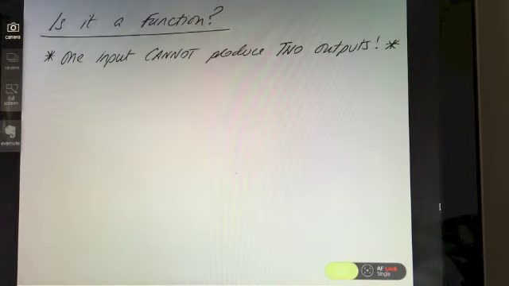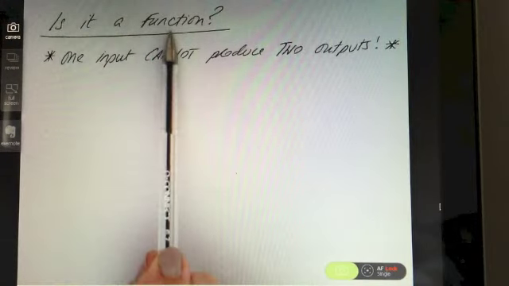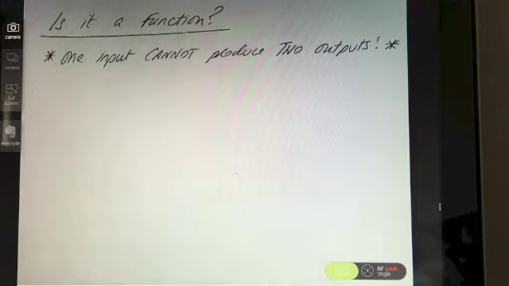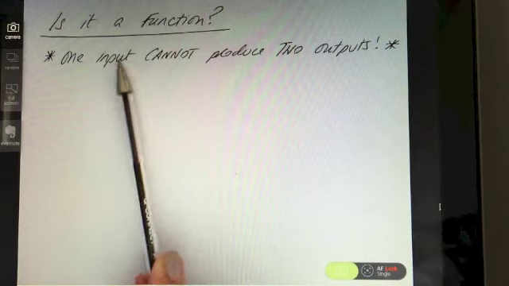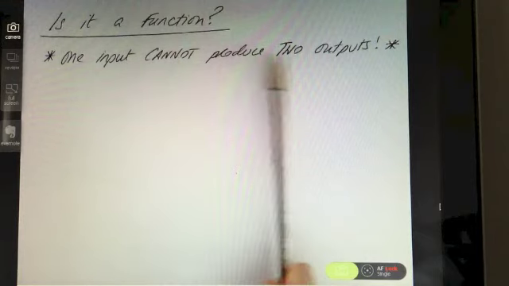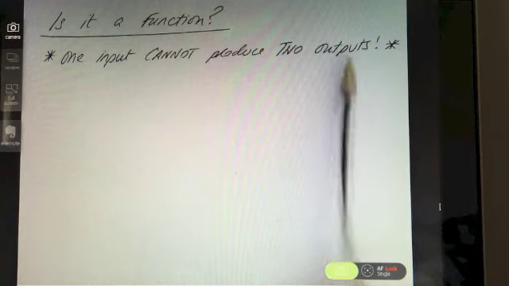Okay, another important aspect is figuring out whether or not something is actually a mathematical function. So the key thing to remember here is, for it to be a function, one input cannot produce two outputs, okay? Because if that happens, it is not a function, okay?